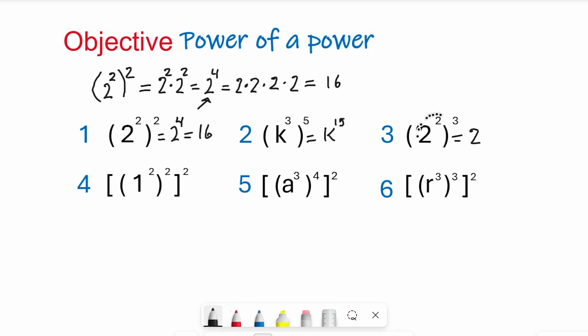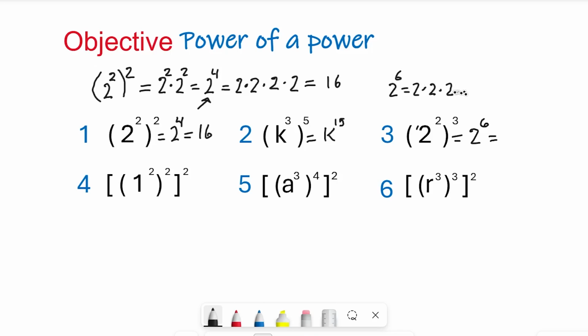I know that this power has 3 factors. So I'm not going to write them like this and then add the exponents, because then I have to simplify it. But now we know that all you have to do is write it by multiplying the exponents. So then to simplify it, all we're going to do is write 2 to the 6th power. And that means that we're going to be multiplying the base times how many factors we have.